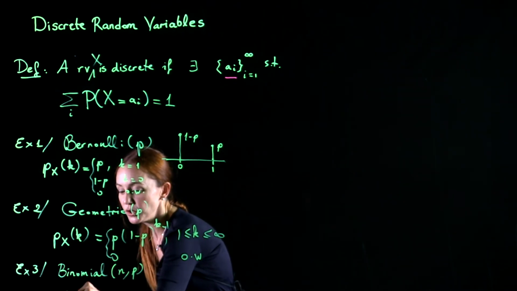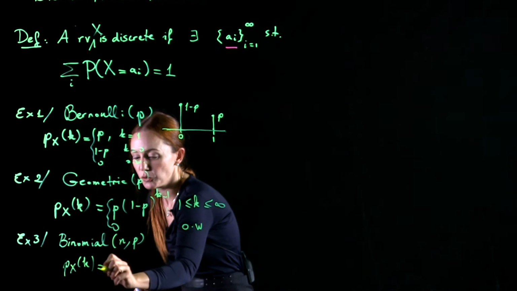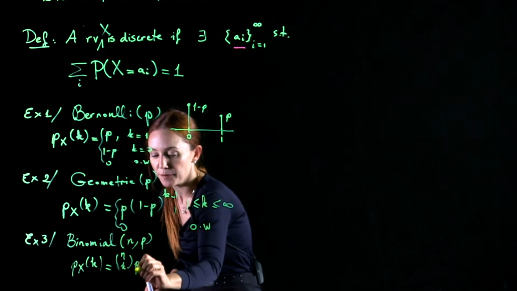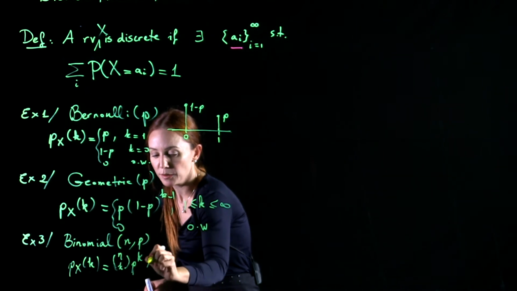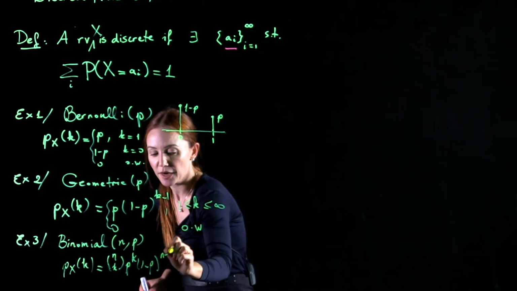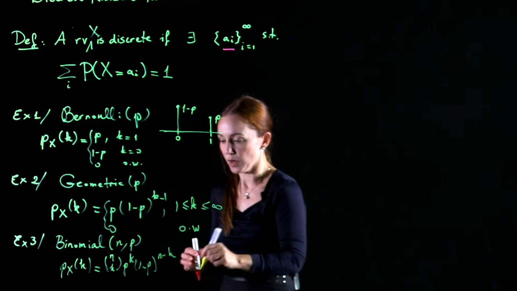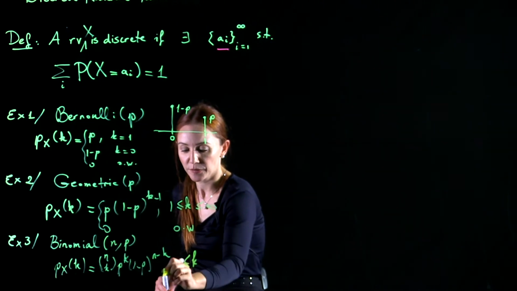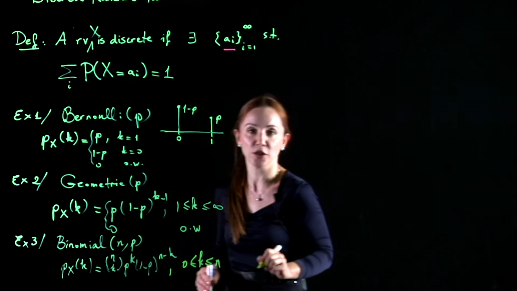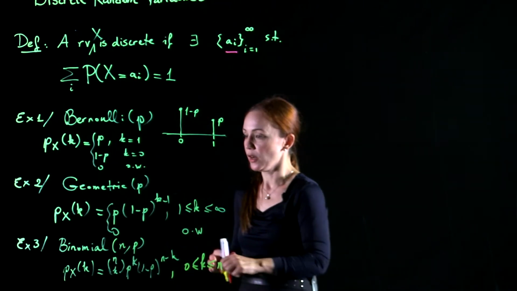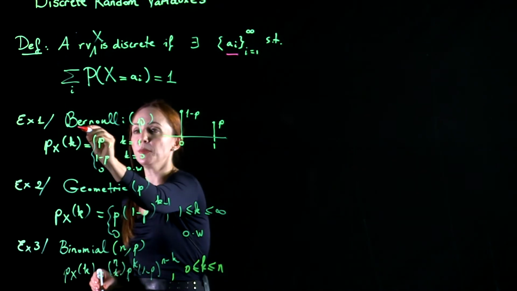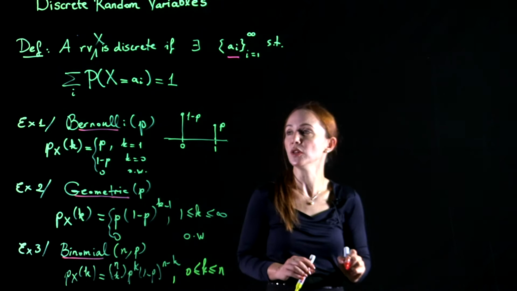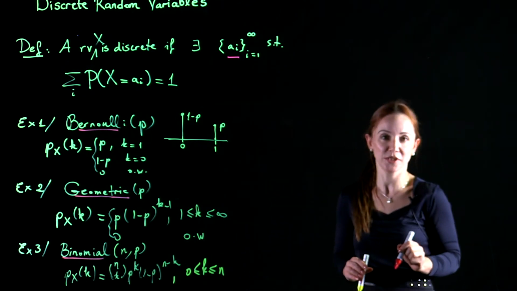So p_X(k) is equal to n choose k, p to the k, (1 minus p) to the n minus k, for integer values of k between 0 and n. So the Bernoulli, the geometric, and the binomial are all simple discrete distributions.